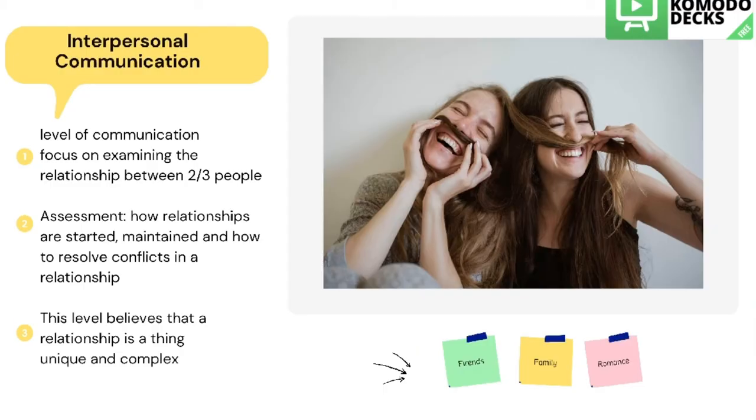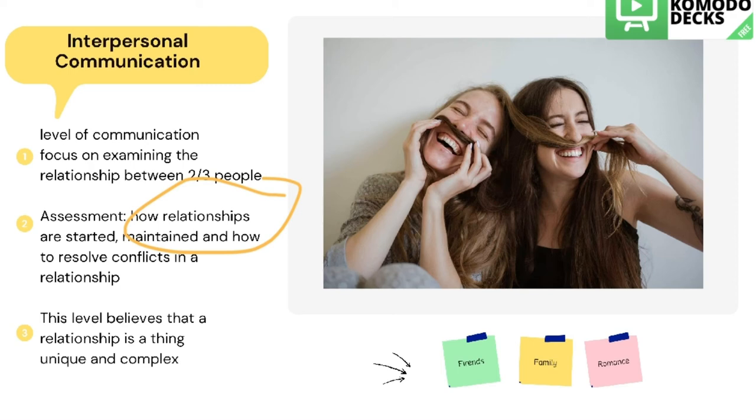The second level is interpersonal communication. This is communication that involves 2 or 3 people. So if you have communication between maybe 10 or 12 people, automatically it's not included in interpersonal communication. The keyword on this level is relationship.